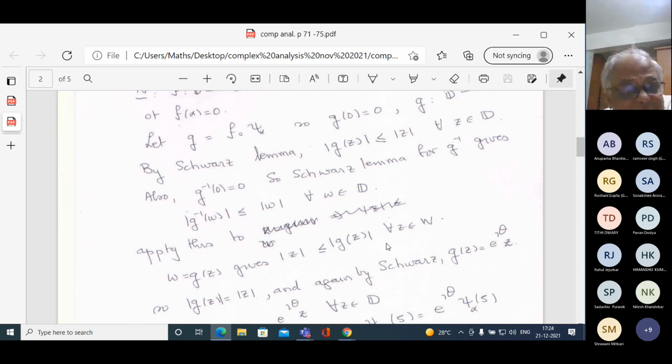So this idea you will see coming up in at least a couple of other places. G and G inverse satisfy the same property. So if you have an inequality for G like this, then it is actually an equality.